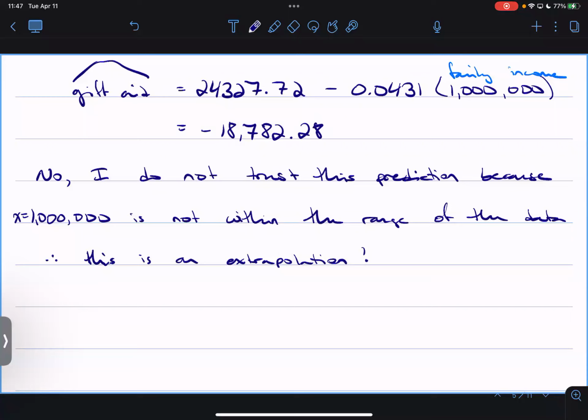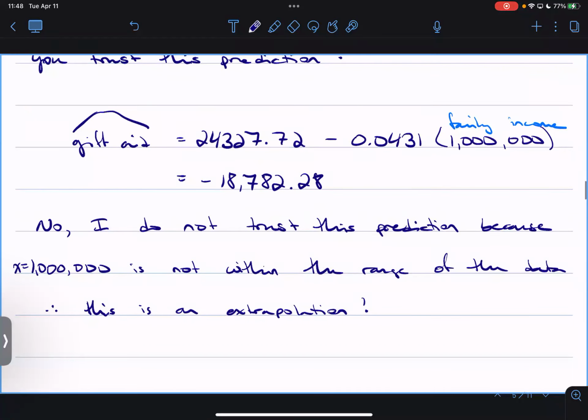It's your best prediction, but it's not very good, right? But if you had to, this would be your predicted value. There's no reason for it to be anything else. I mean, there's maybe some truth to it. If you're making $1 million a year, maybe you're donating to the school, who knows? But I'm taking it too far.